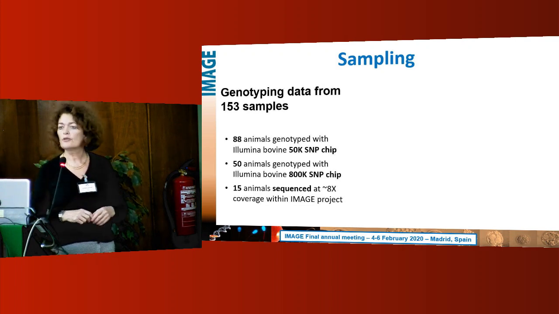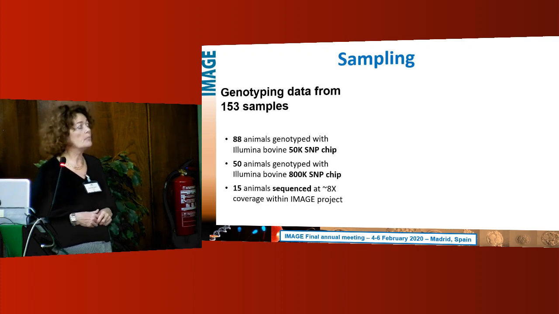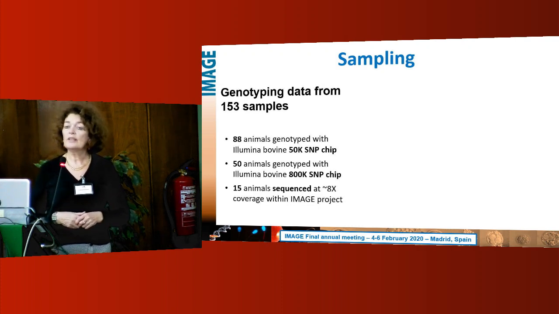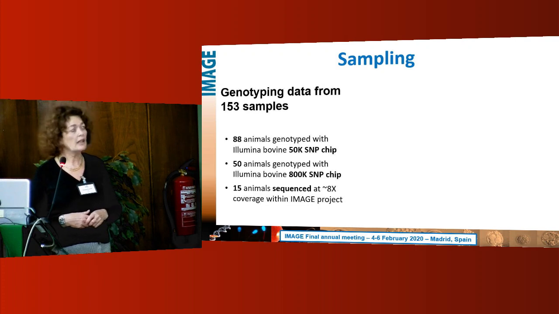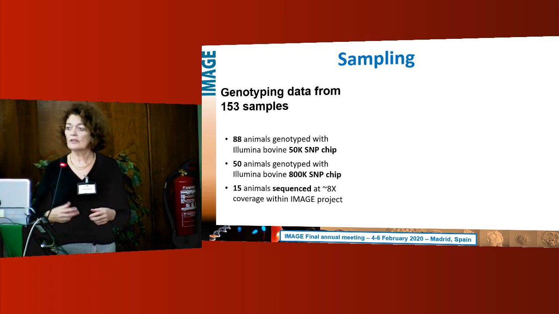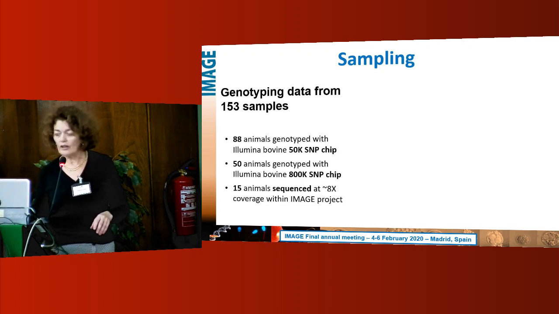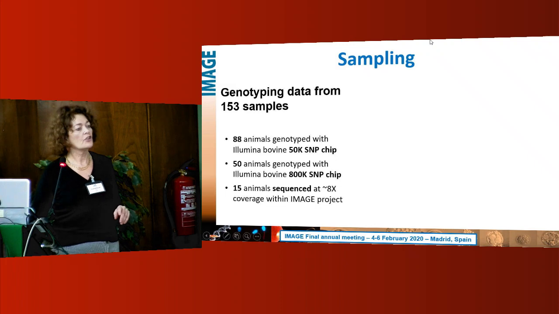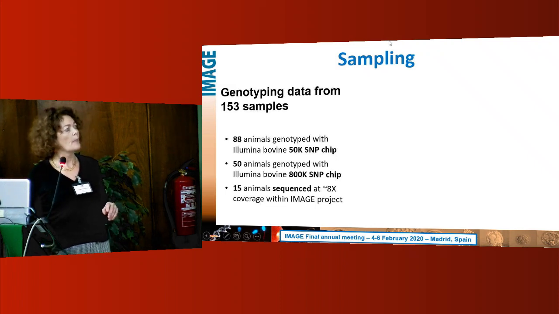Some of the samples were genotyped with the Illumina medium density chip. Others were genotyped with the Illumina high density chip also. And 15 were whole genome sequenced in the IMAGE project. So we had the complete genome of these 15 animals.